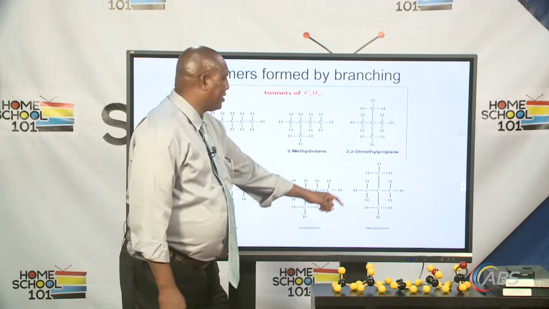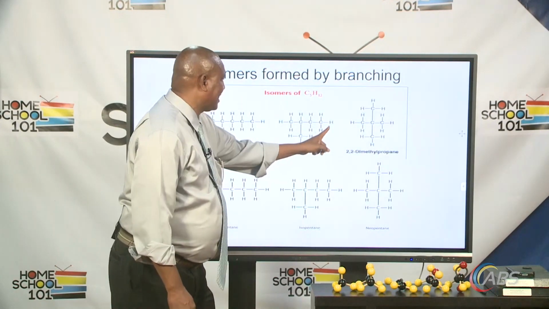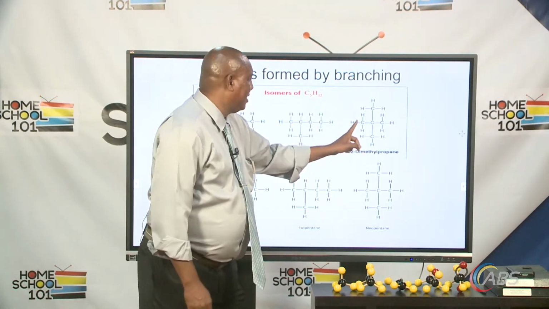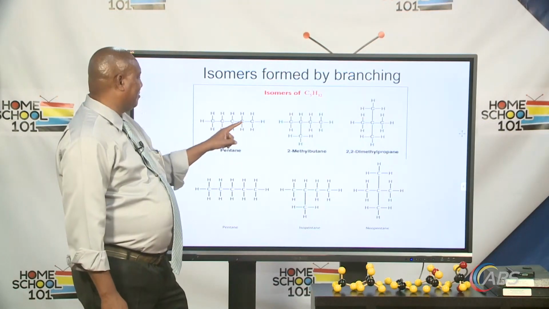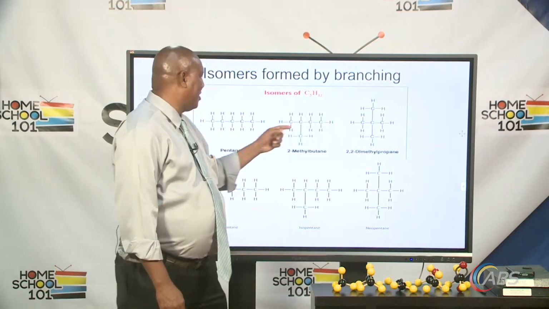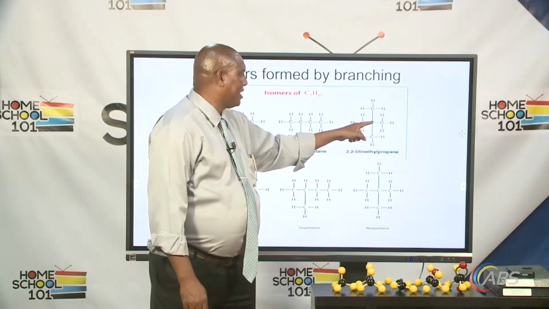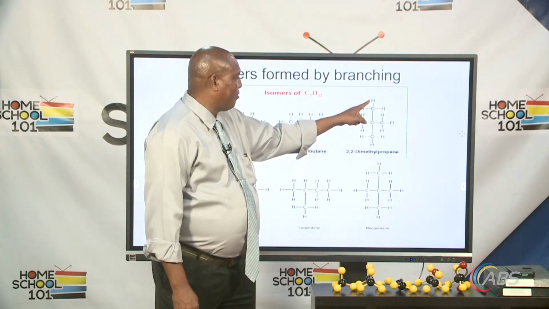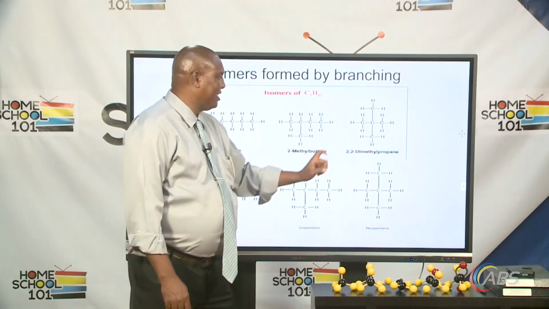Okay? We could also remove this carbon and this carbon. So we now have 3 continuous carbons in the longest continuous chain. And we can attach 1 methyl group here and 1 methyl group there.